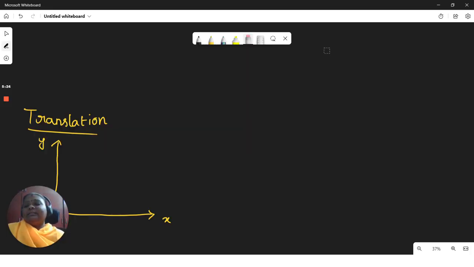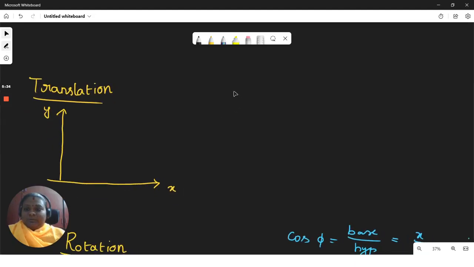So when I'm considering this translation, this is an xy coordinate, as we all know. A point I'm going to take, and this point I'm considering as P. The new point, the point I'm going to transform from this position to this position, is P dash.